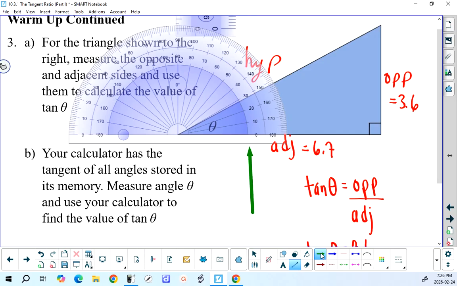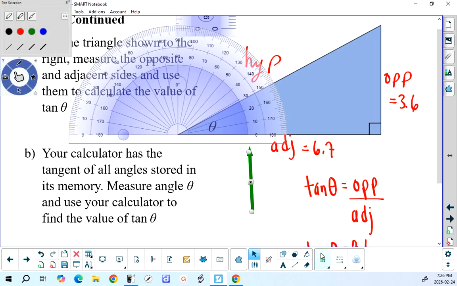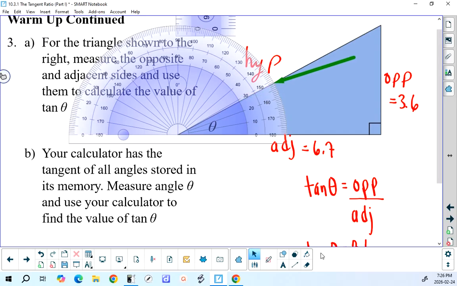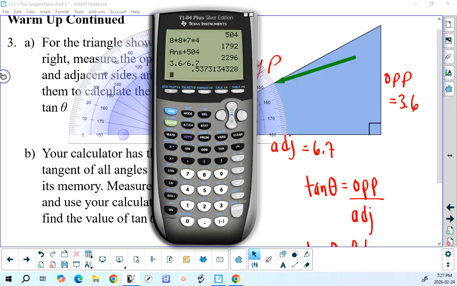I can see it goes from 0 degrees, 10 degrees, 20 degrees. It's not quite 30 degrees. It looks like it's about 28 degrees. Now let's grab our calculator.